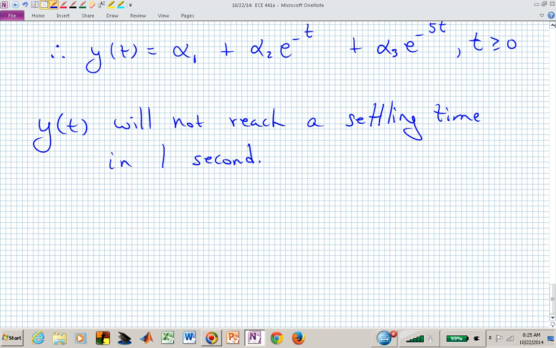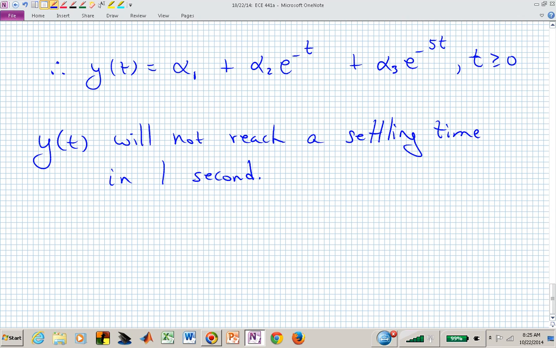And if somebody says, well, why? How many time constants do you have? Where are you going to eventually end up in y of t? Where will you settle?